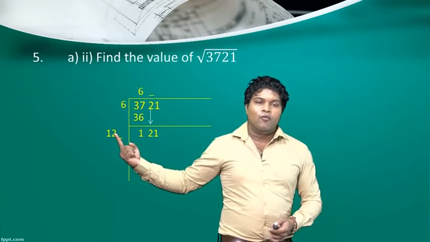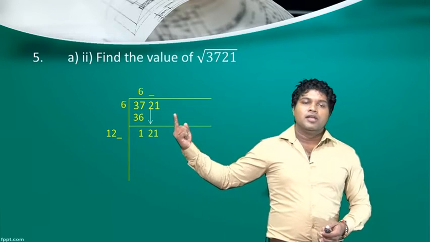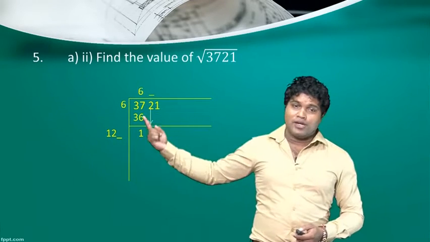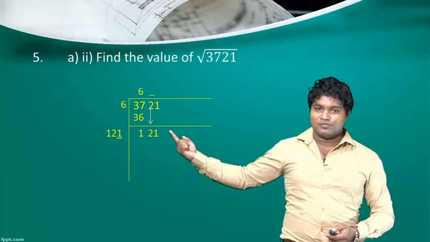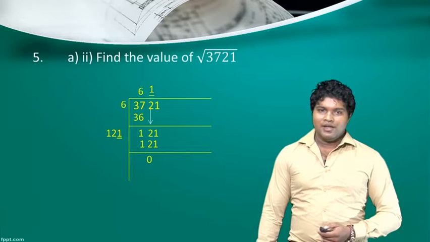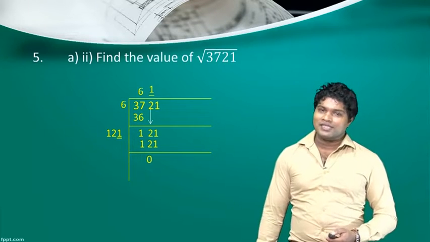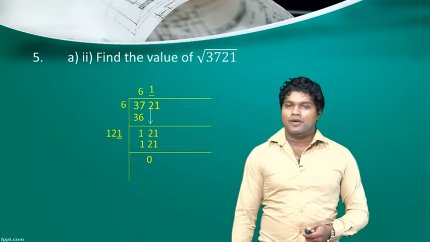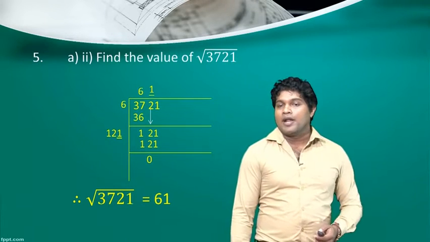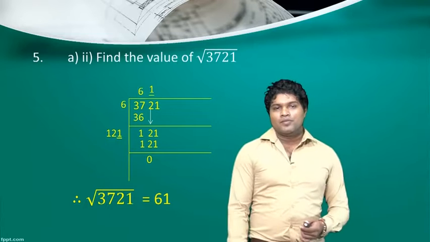If you get 1 here, you keep 1. 121 times 1 is 121. So, okay. Then what is the answer? 61. 61 is the square root of 3721.